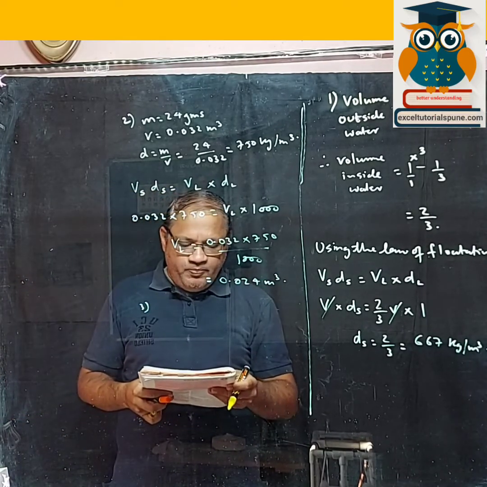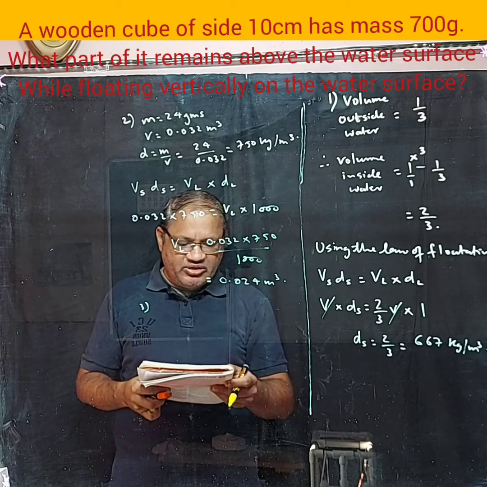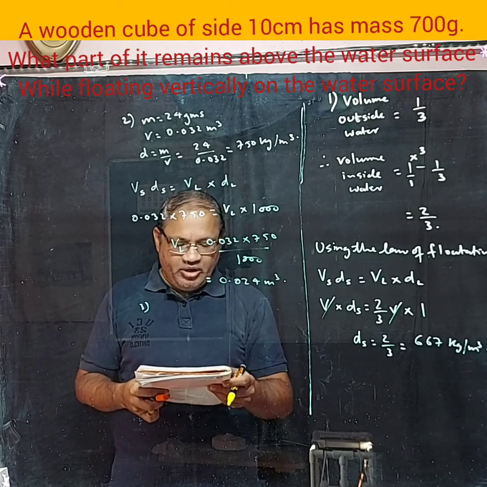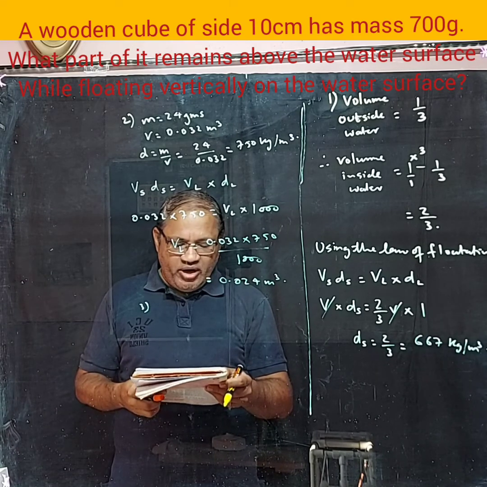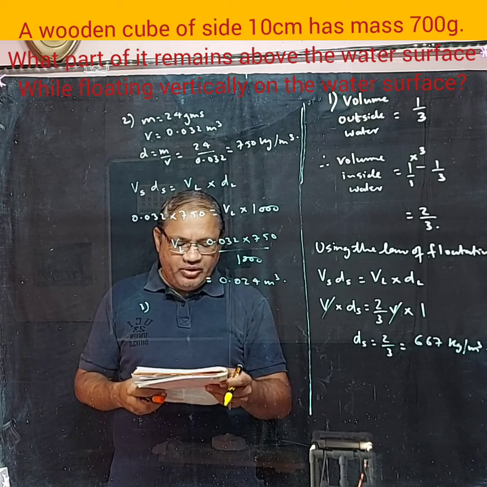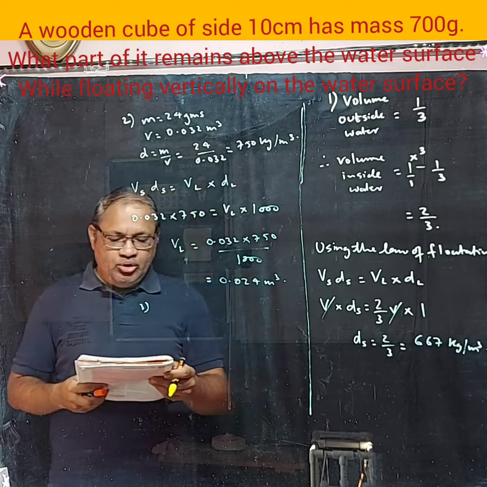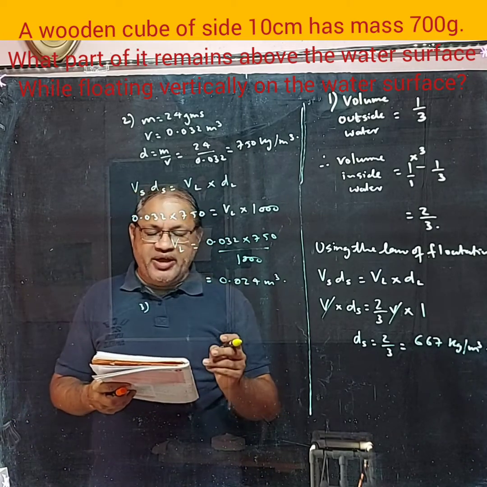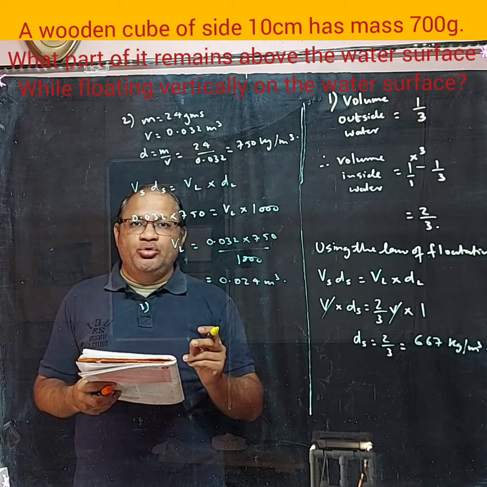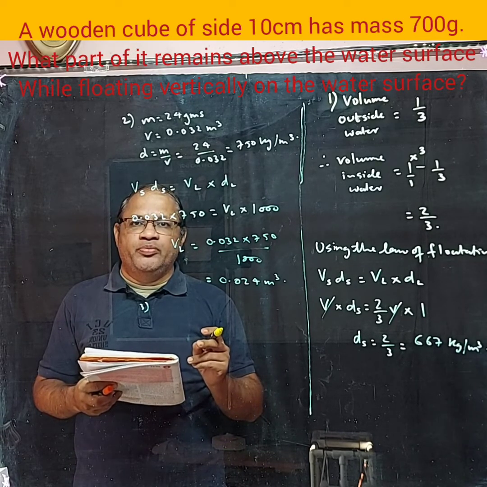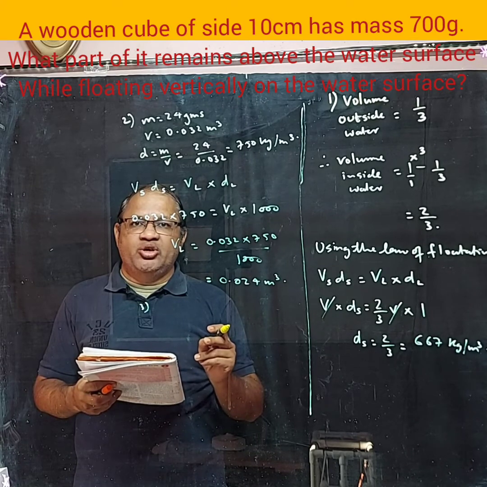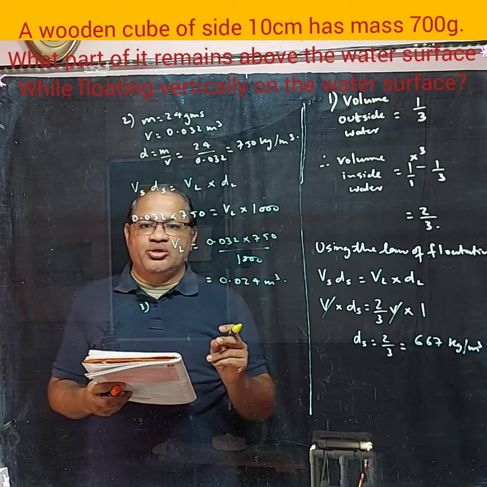A wooden cube of side 10 cm has mass 700 grams. What part of it remains above the water surface while floating vertically? So here you are going to use the height of the solid into density of solid is equal to the height of the liquid into density of liquid, the same law of flotation.